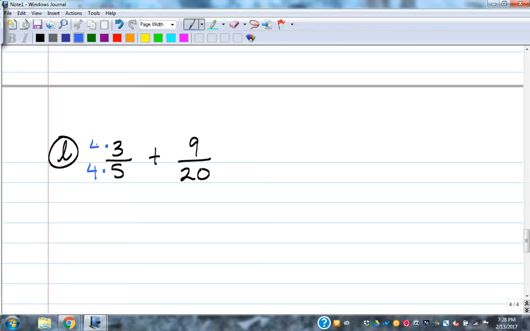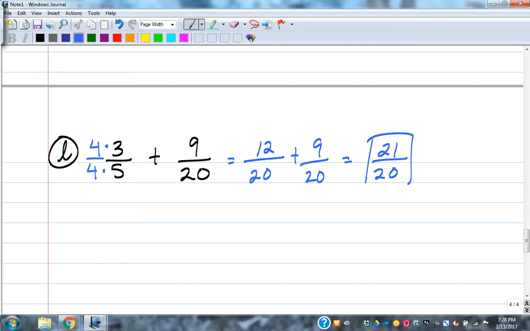So whatever the bottom gets multiplied by, the top gets multiplied by the same thing. So that's going to be 12 over 20 plus 9 over 20. So that would be 21 over 20. So common denominator is going to be the name of the game that we're trying to build here.